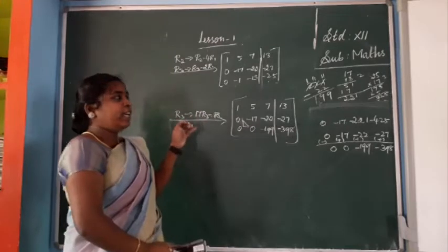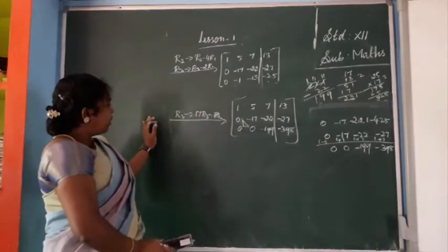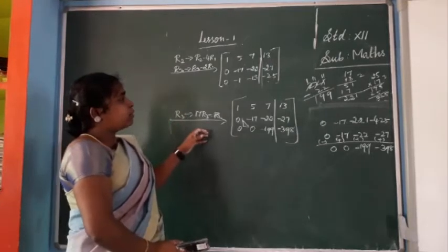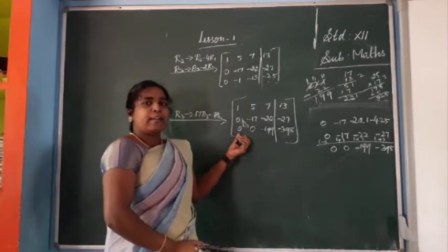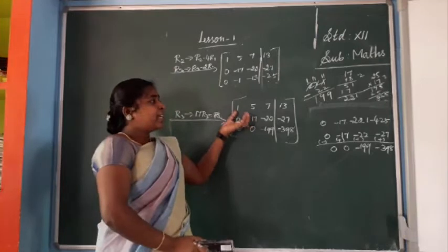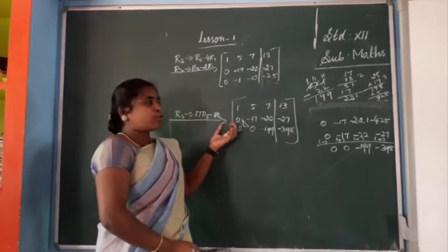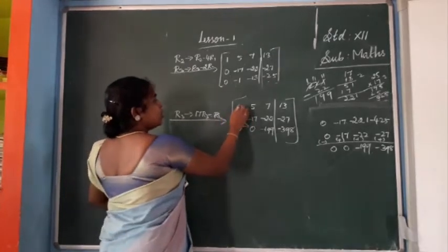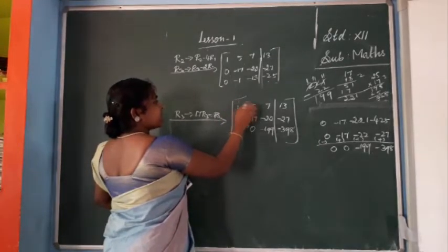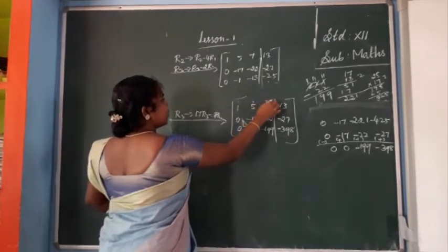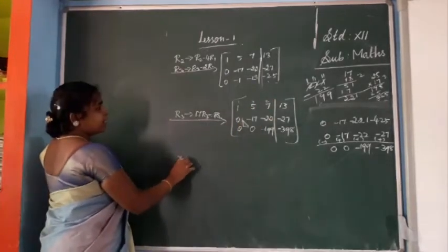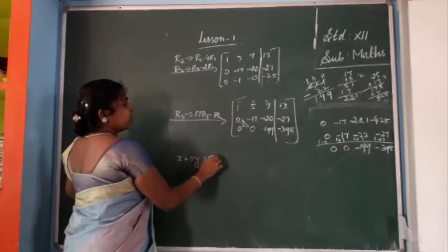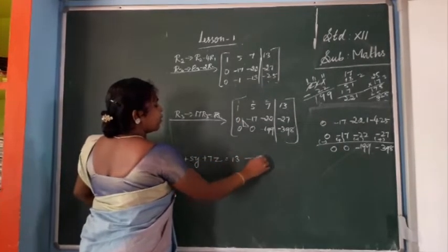This is the first step: you have to write the given equations in the form of augmented matrix A augmented with B. Next, you have to convert into echelon form. Second step over. Next, you have to use back substitution. For that, you need the equations. From here, you take the equations. So x plus 5y plus 7z equal to 13. This is equation 1.